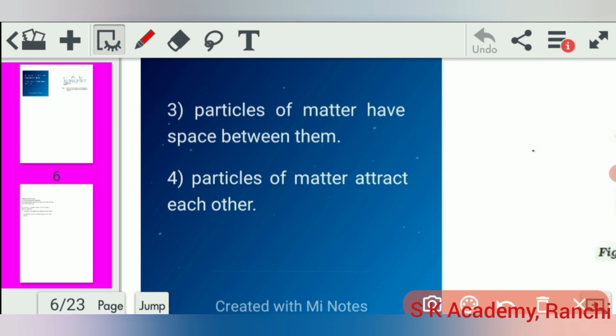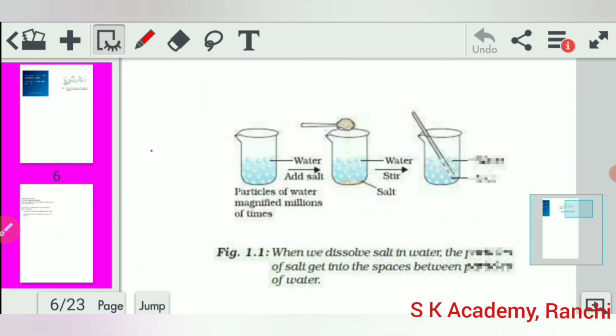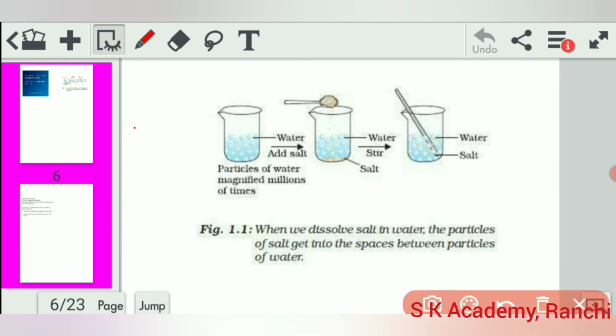Okay. I would like to show you a picture related to an experiment given in NCERT. When we dissolve salt in water, what happens? We will see.